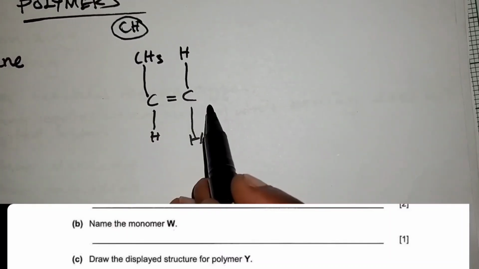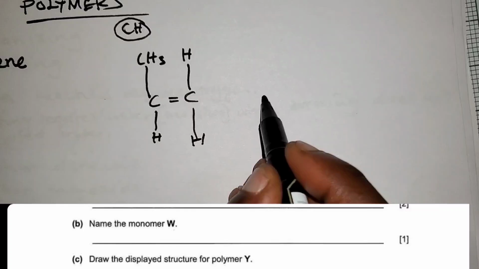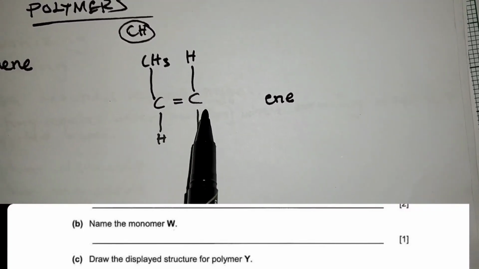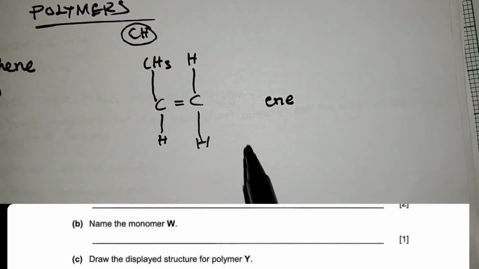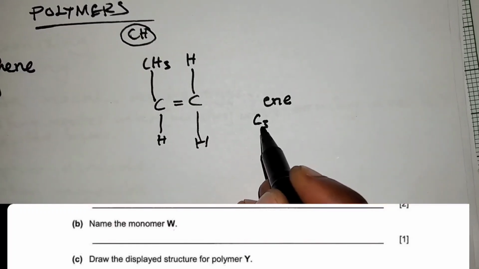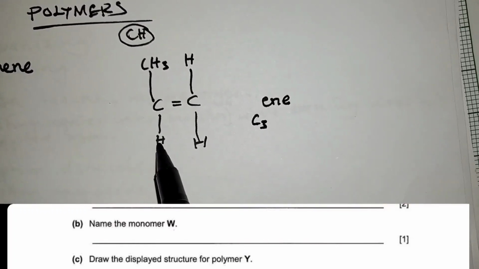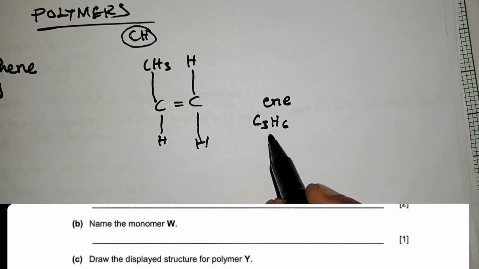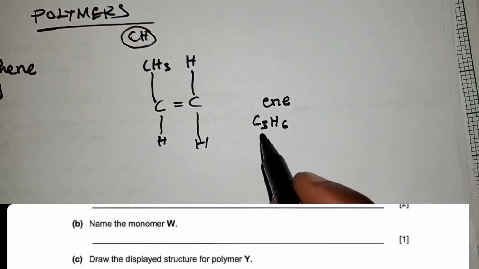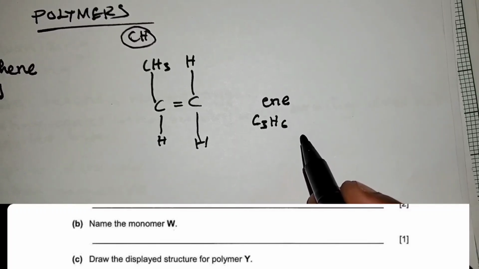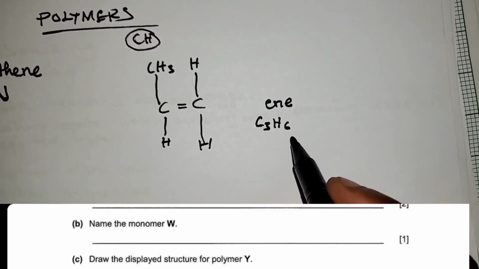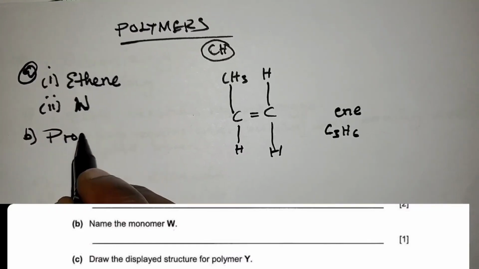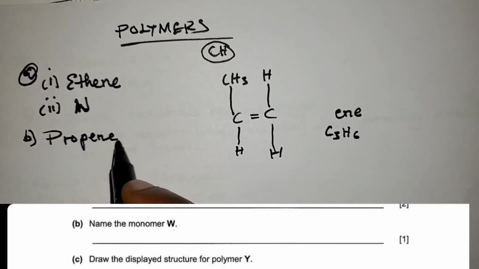You have a double bond here, so it ends with ENE. Then how many carbon atoms do we have? We have 1, 2, 3. When you have 3 carbon atoms, you have 6 hydrogen atoms. So C3H6 is propene. So you can say this is propene.